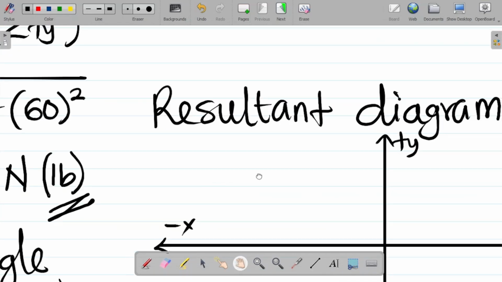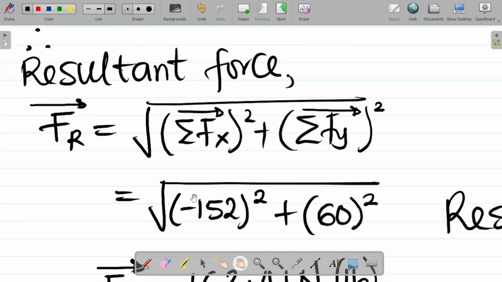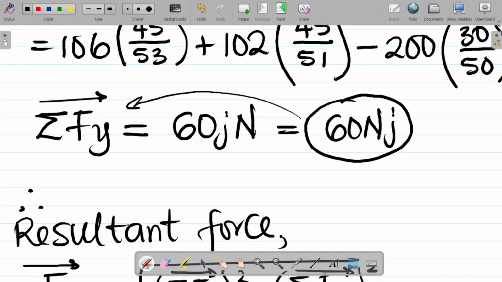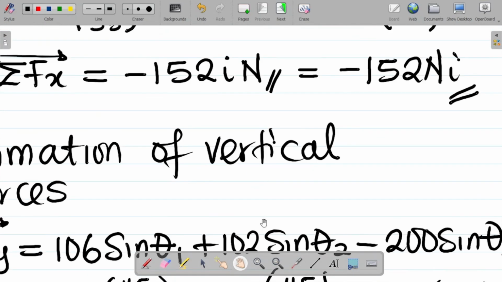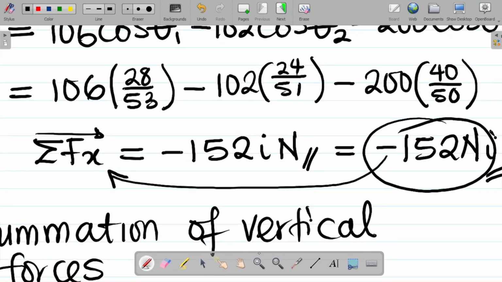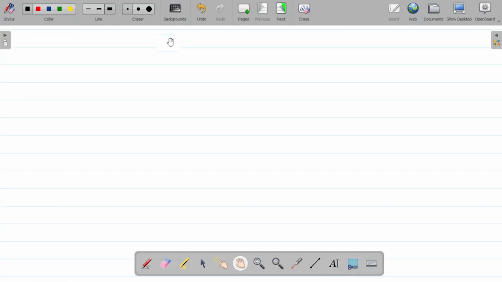Now, to get the resultant, observe that in my workings the Fy value was positive. That means the resultant will be in the positive part of y, while for the x-axis it will be in the negative part of x, because my answer here is negative. So positive part of y, negative part of x.